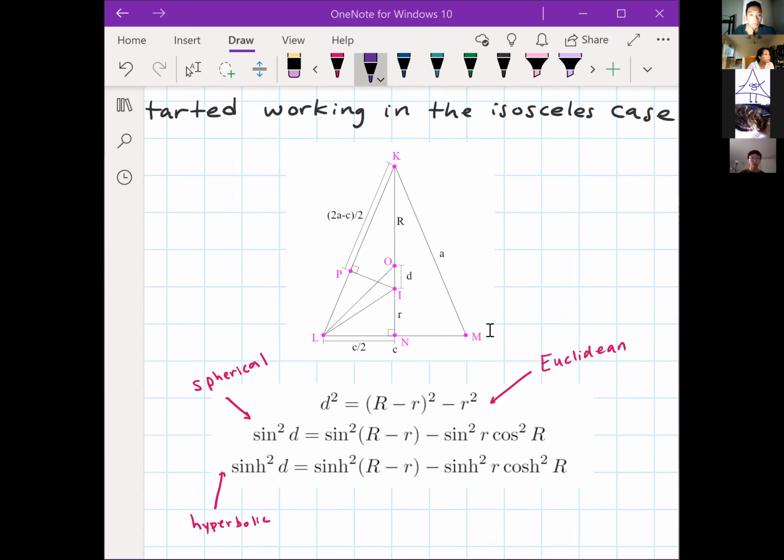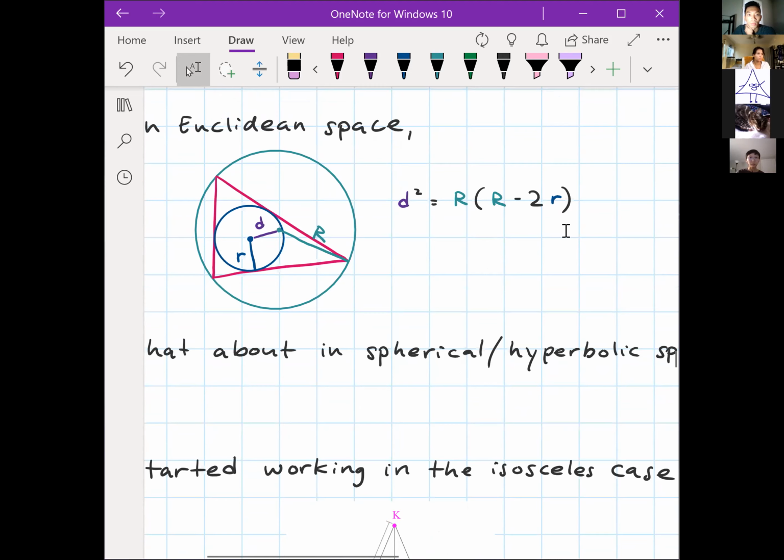And so in the spherical case, we had to do something with signs, and in the hyperbolic case, we do the same thing, but with hyperbolic sine, or sinh as it's sometimes called. So I guess Euler's formula looks a little bit different from what we had before, but if you factor it out and rearrange it, it ends up looking like that.